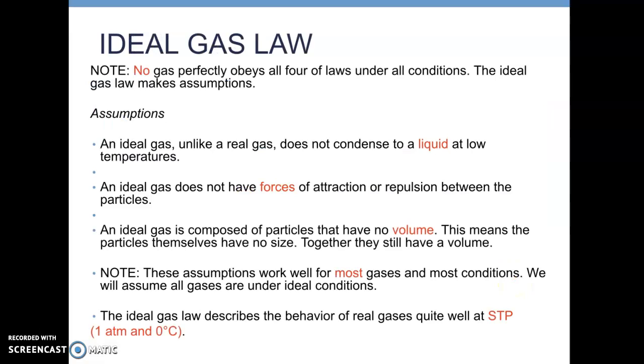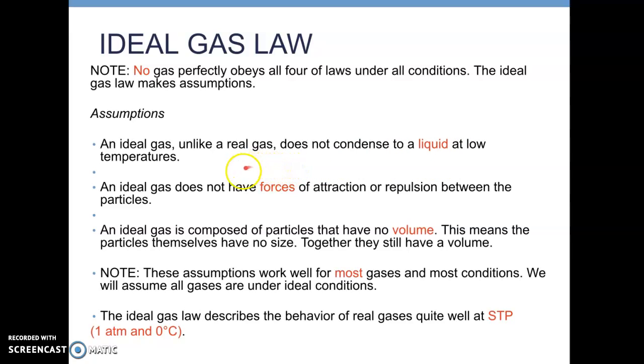So one thing to know about the ideal gas law is no gas perfectly obeys all four laws under all conditions, meaning Boyle's law, Charles' law, Gay-Lussac's law, and Avogadro's law. So we have to make some assumptions in order for that to happen. The gas isn't going to condense to a liquid, which is obviously false at some temperature, the gas would become liquid.